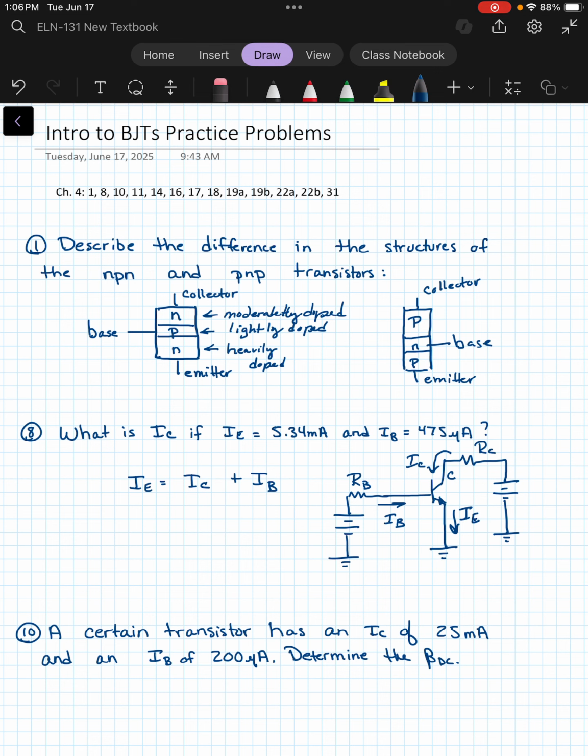So if IE is 5.34 milliamps, we don't know IC, and IB is 475 microamps, then IC would be 5.34 milliamps minus 475 microamps. So again, just your Kirchhoff's current law equation.